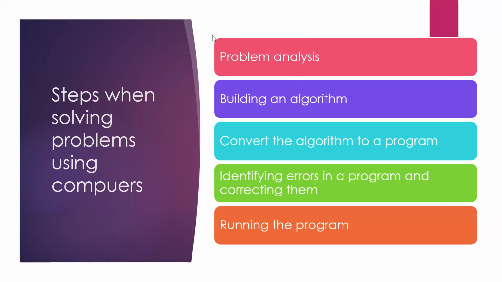Right, that's the fourth one. Okay, so let's write down the fourth one. What is the fourth one? Identify errors in a program and correct them. Identify errors and then we are going to correct them. Okay, so that's the fourth step.